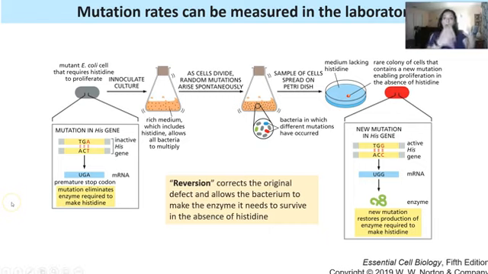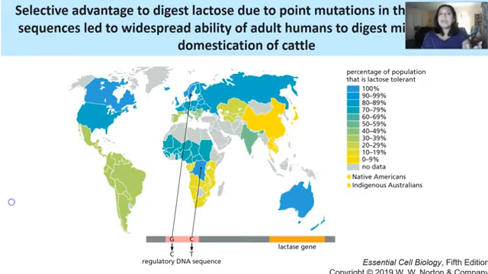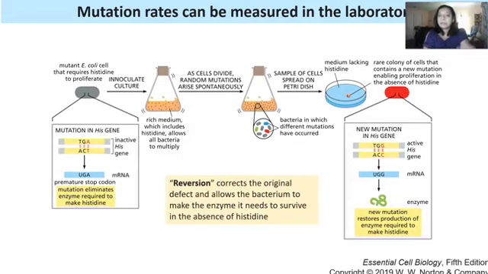So in this case, you start off with this culture of E. coli with this histidine gene mutated so that it requires histidine in the media. Then you let them grow in this media rich with histidine until they reach a certain point.